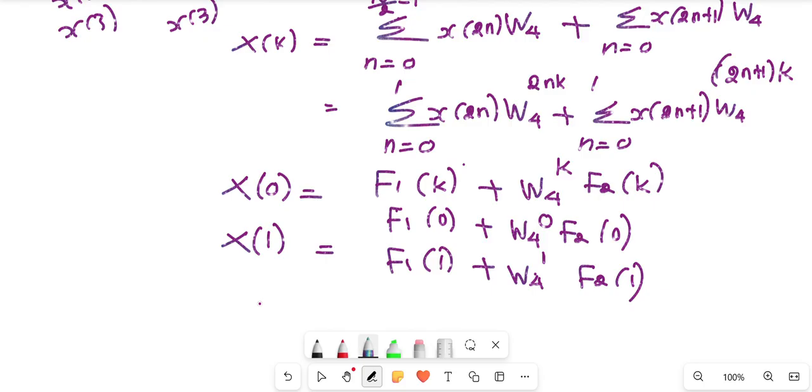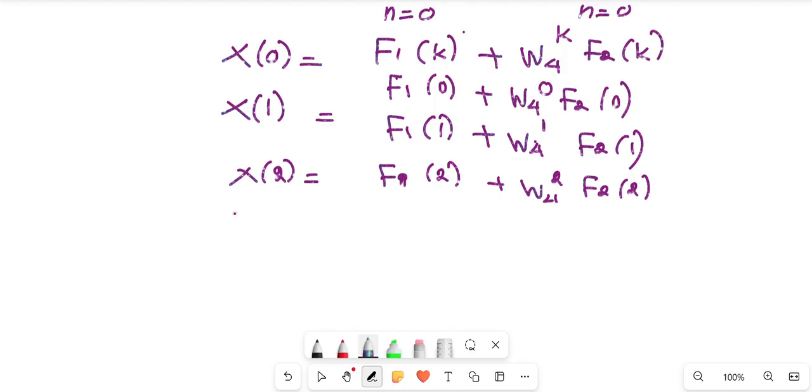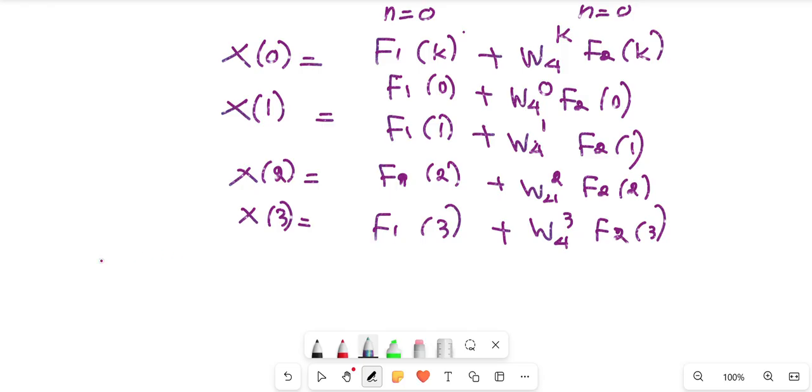Similarly, X of 2 will be F1 of 2 plus the twiddle factor F2 of 2. Similarly, X of 3 will be F1 of 3 plus the twiddle factor F2 of 3.